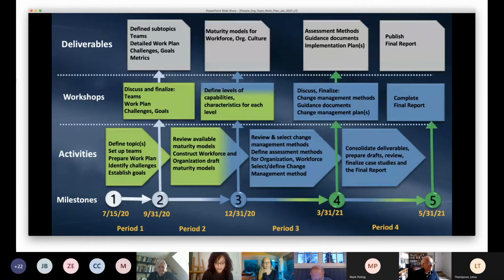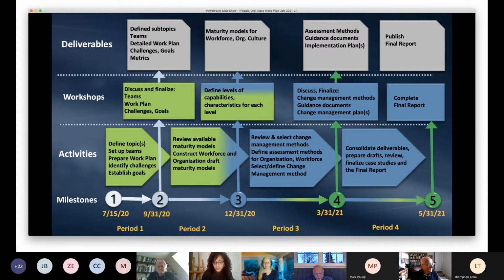So if we look at the big picture, I'm rushing a little bit because we have only 3 minutes left, but this is sort of a map of what we're doing in terms of milestones, activities, workshops, and deliverables. The green stuff shows that we've completed or largely completed these items.